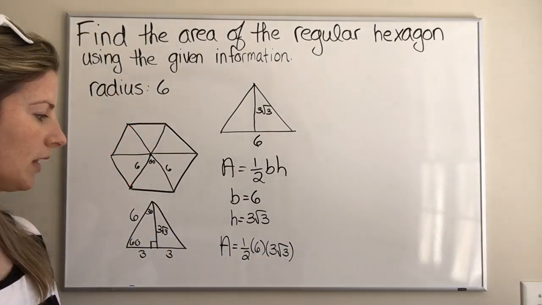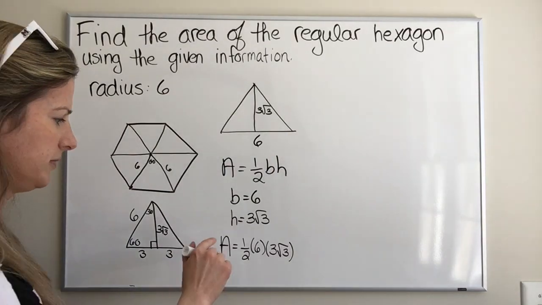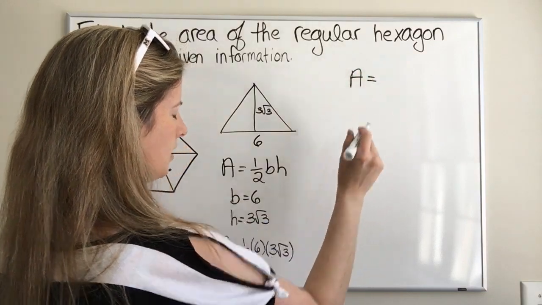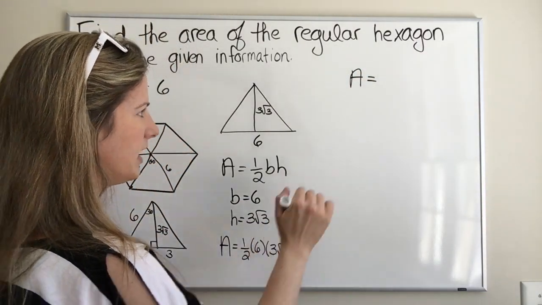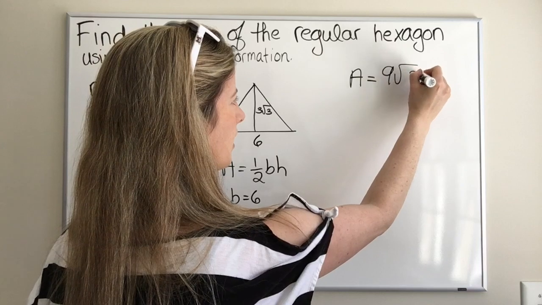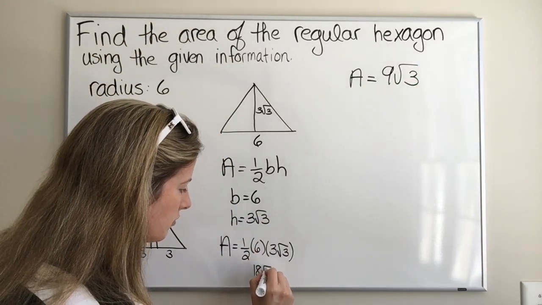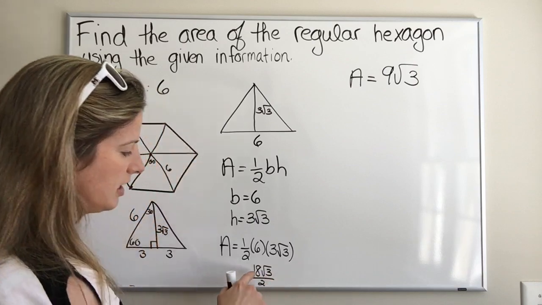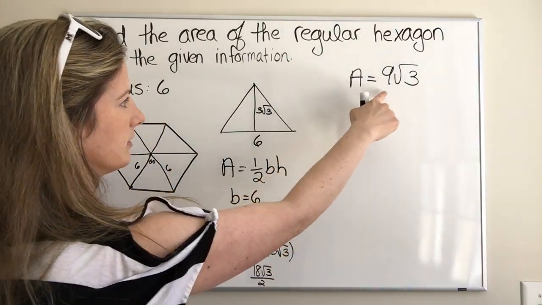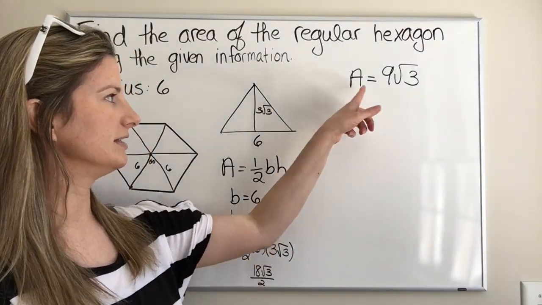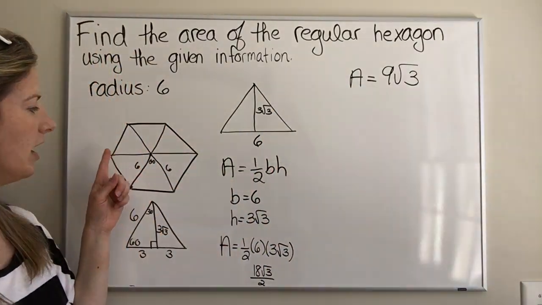Okay, all right, and then when I multiply that through, I'm going to get the area of one triangle to be 9 root 3. And for those of you that are wondering how I got that, I ended up with 18 root 3 over 2, okay? So 18 divided by 2 is 9. So the area of one of these triangles is 9 root 3.